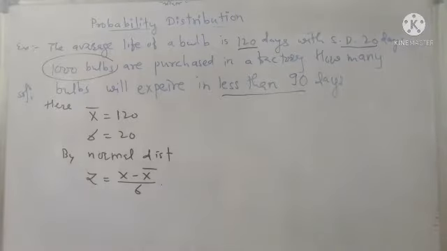Now what we have to find here: this is a continuous random variable. In a binomial distribution and Poisson distribution, we define equality or inequality to evaluate probability, but in a normal distribution we always define inequality.